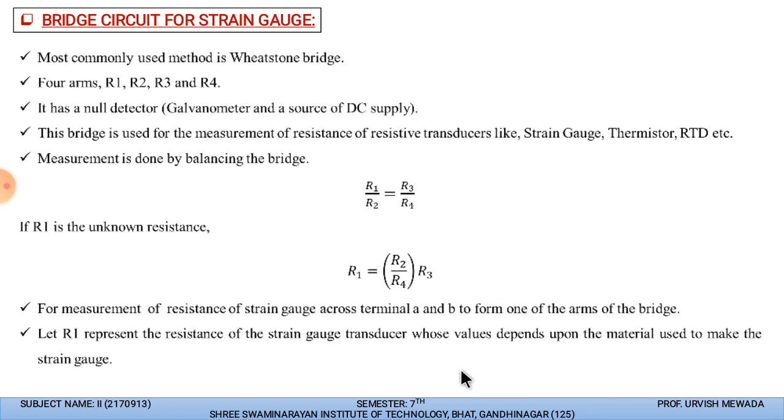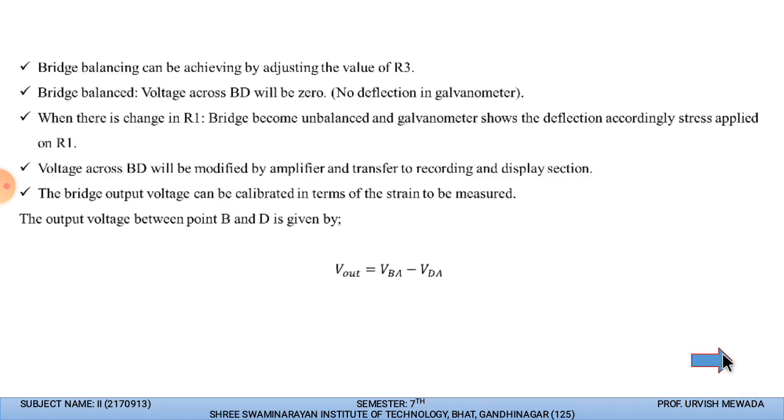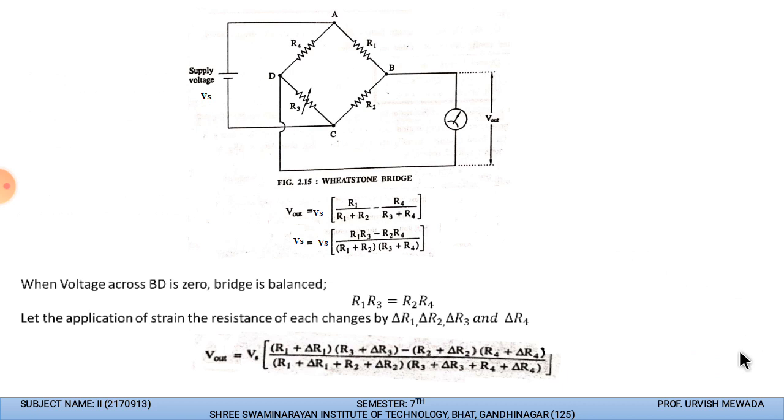So let's see. The bridge balancing can be achieved by adjusting the value of R3. Here is the circuit. You can see that this is the variable arm R3. Suppose all the resistances are 1 ohm, and this is also 1 ohm, but this is a variable resistance from 0 to 1 ohm. Whenever any strain is applied, the resistance of this R3 will change.